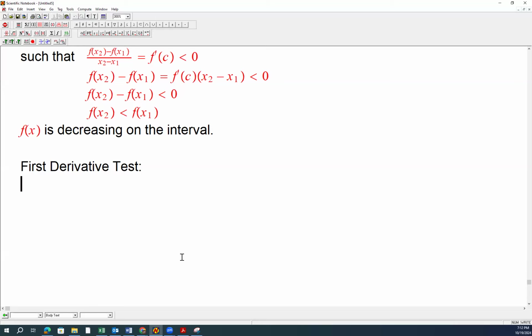So this is what is being stated. First derivative test. Suppose that C is a critical number of a continuous function f. Okay, in this process, we still need to find a critical number.